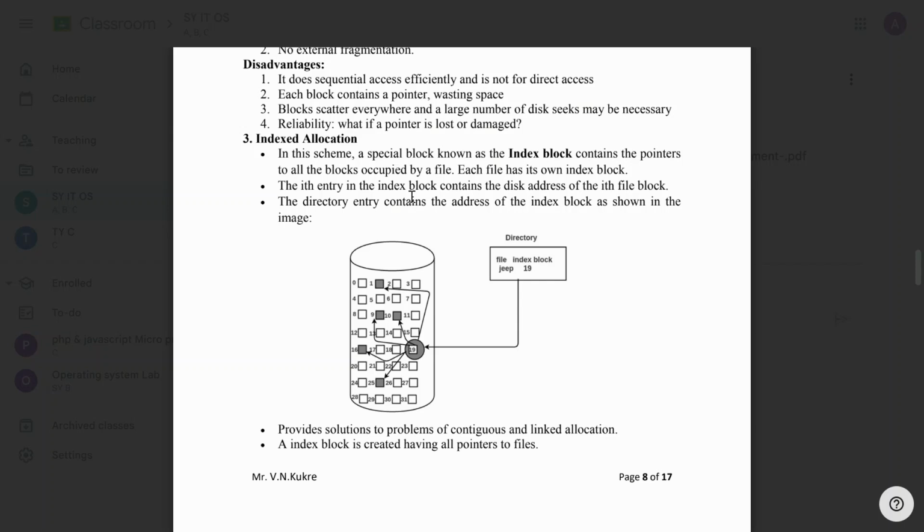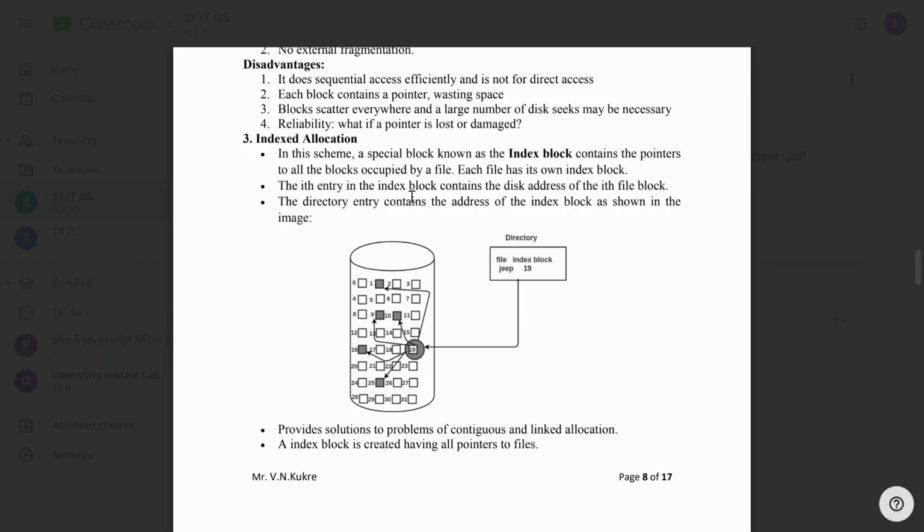That is the indexed allocation. We can see in the directory, that is file zip is there, and the index block value is 19.